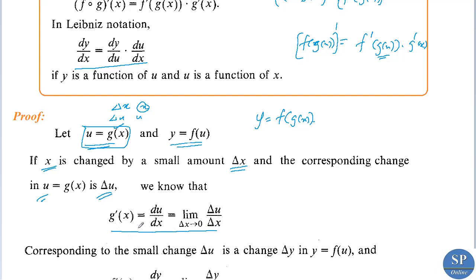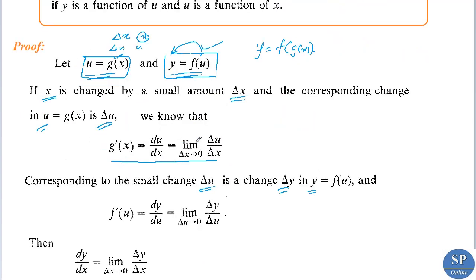Now correspondingly we have y equal to f(u). So corresponding to a small change delta u in u, there will be a change in y also. We have a change delta y in y, because y equal to f(u), y is a function of u.